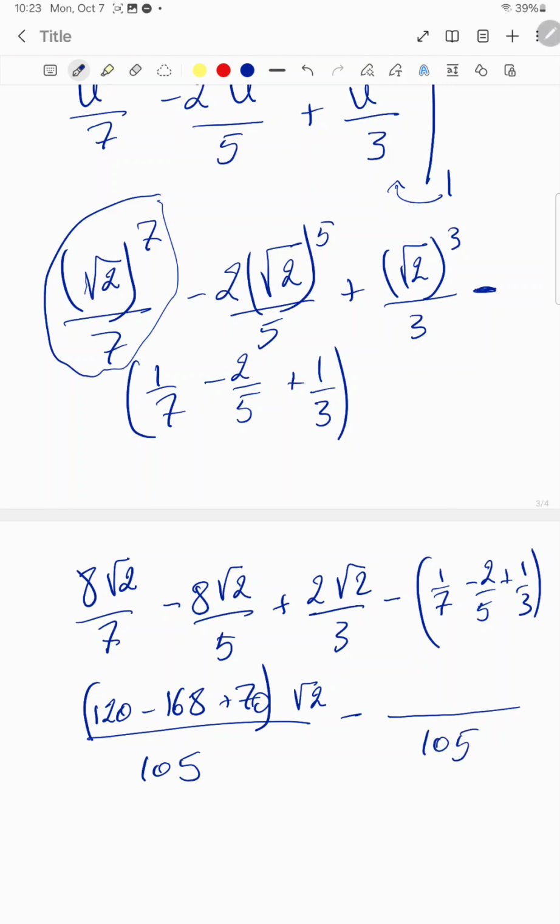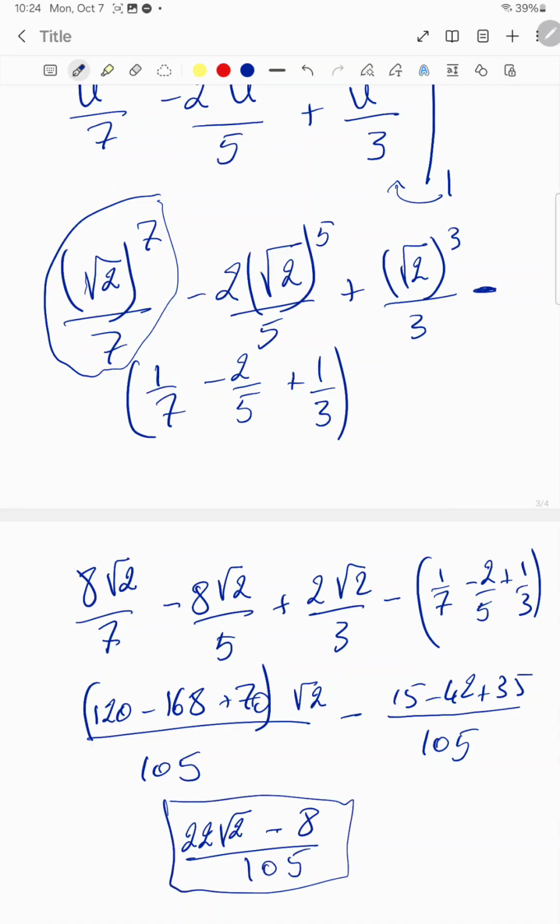So again, 105 is the denominator, and I will have 15 minus 42 plus 35, and this becomes 22 square root of 2 minus 8, and all that divided by 105. And that would be the final answer for that integral.